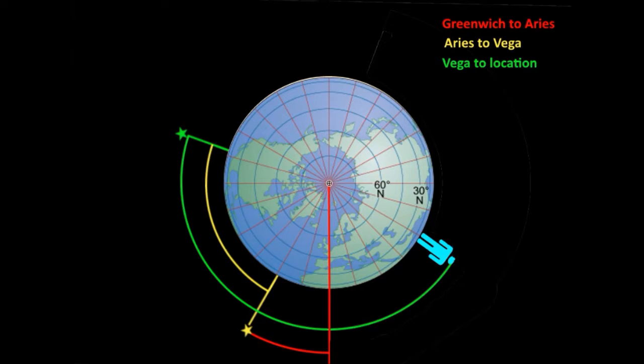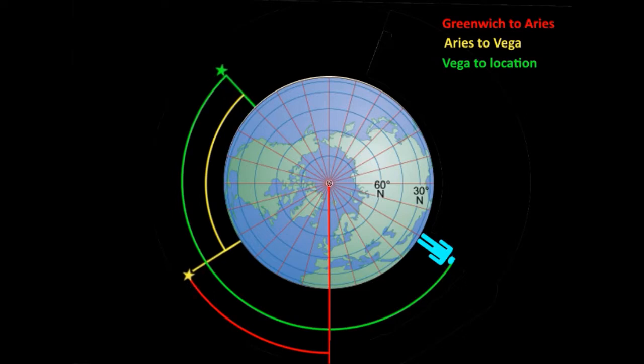of a star. So first thing we have is how many degrees of longitude from the Greenwich line to Aries, and that changes every hour. All right, and then there's a constant value between Aries and the various stars in the Nautical Almanac. Like in this case, the star Vega is around 80 degrees to the west of Aries.